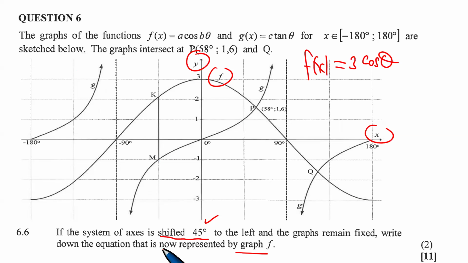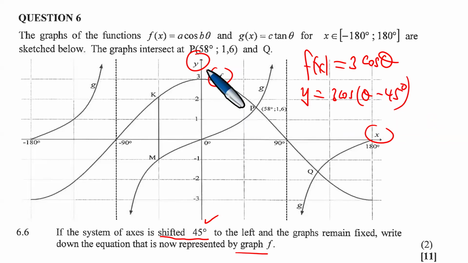If the system of axes is shifted 45 degrees to the left, what does it mean? It means that the graphs themselves would be perceived to have moved to the right by 45 degrees. So the new graph represented by F will be y equals 3 cosine of theta minus 45 degrees.